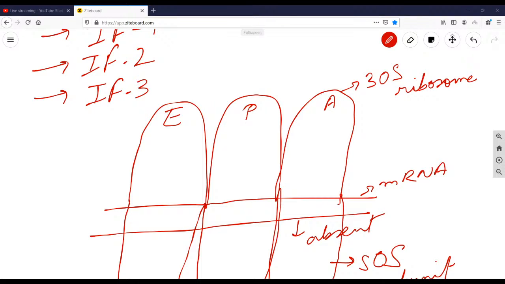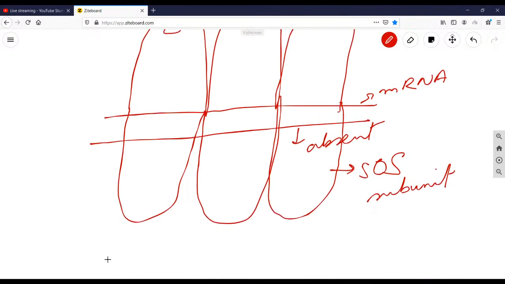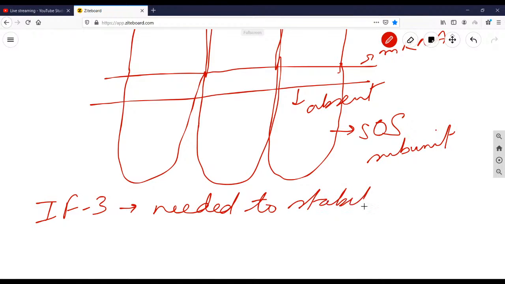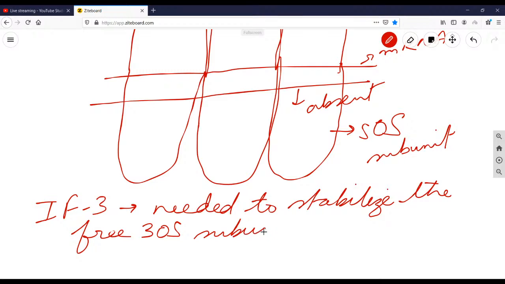IF3 has multiple functions, very intricate ones. It is needed to stabilize the free 30S subunit, because during the initiation phase the 30S subunit must not associate with the 50S.